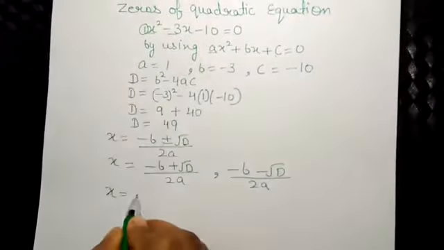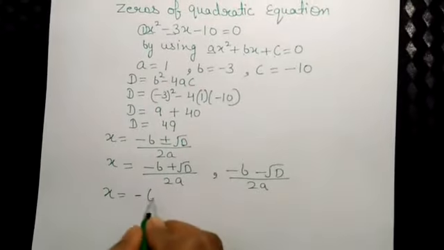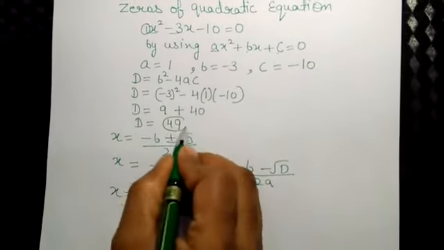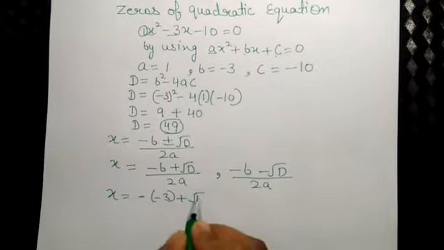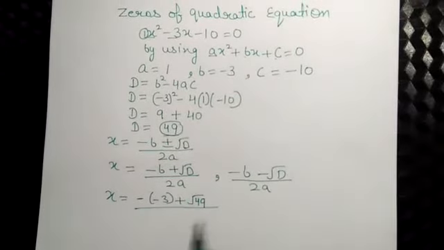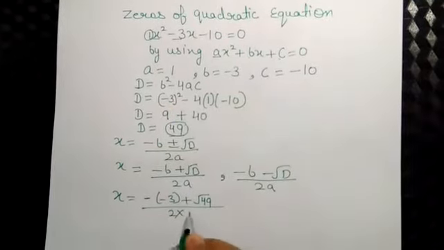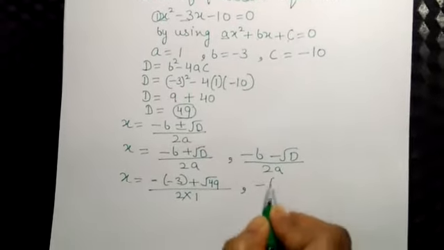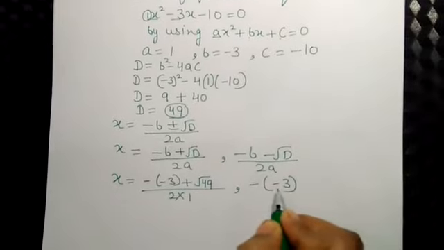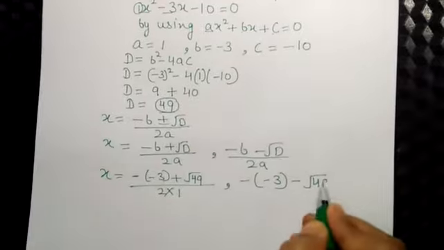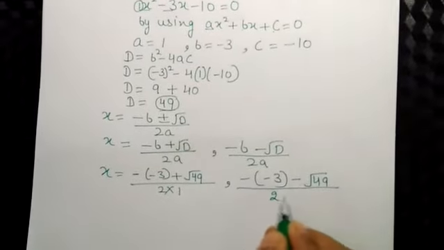Our b is minus 3, plus root d, that is 49, and here 2 into a is 1. Now minus 3, its value of b, minus root d, that is 49, and here 2 into 1.